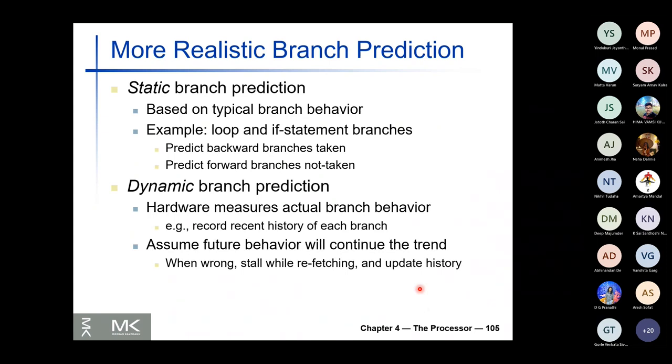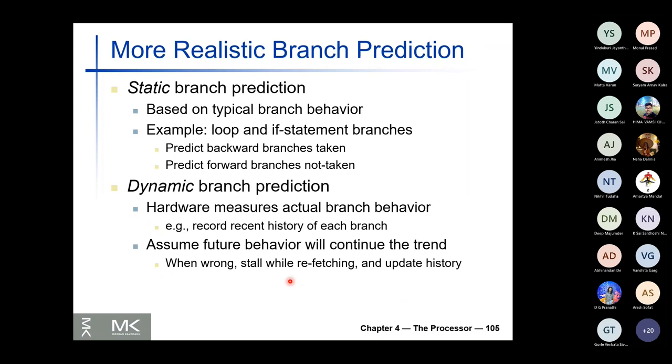Basically, if the previous branch is taken, then you predict that the future behavior will continue the trend. If the previous branch is not taken, you assume that the next branch will not be taken, something like that. So this is sort of dynamic, right?